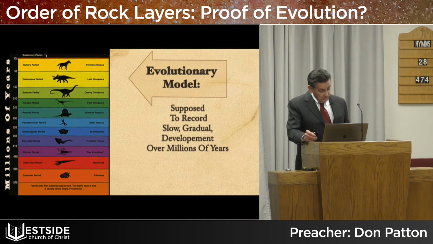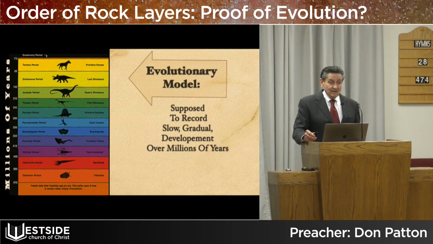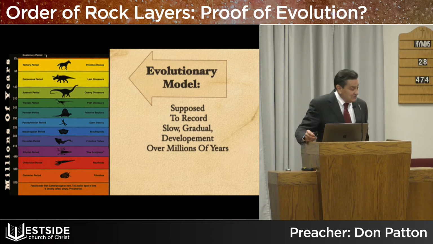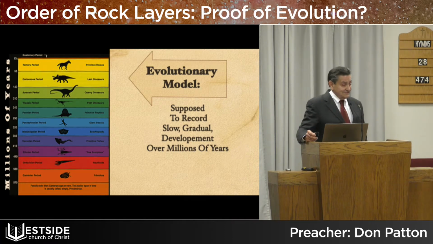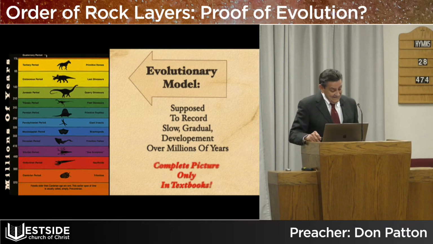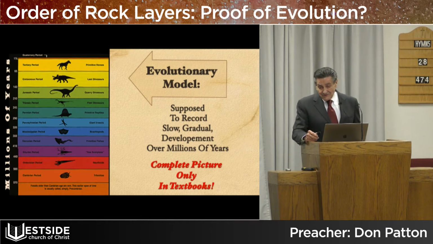The biggest problem with that representation, not just that it would require millions of years, we saw last night doesn't really fit the record, is that you can't dig down in the earth and find that anywhere, which is a serious problem. The complete picture you see, but it's only in the textbooks. And that's the only place you can find that complete detailed picture.